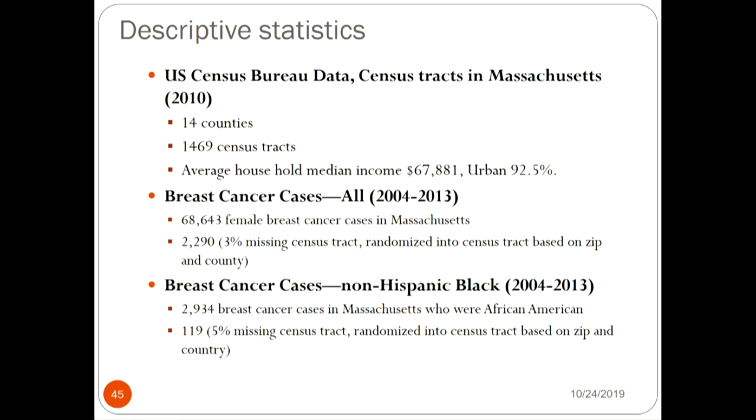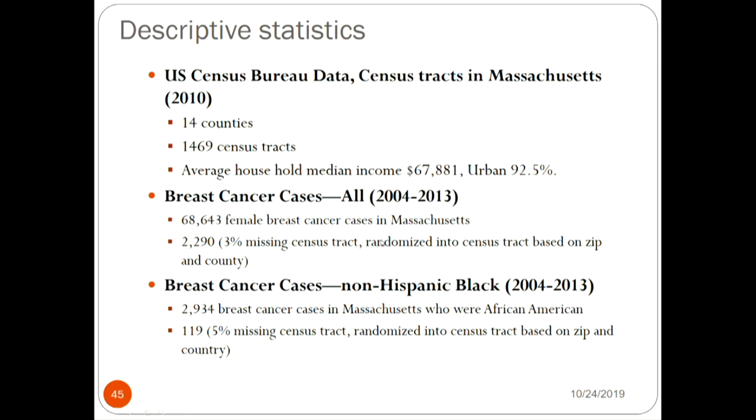So here are the descriptive statistics. Okay, for the cancer data over the 10 years, there were 68,643 breast cancer cases, but unfortunately there are many missing census tracts, because these are real data, and some of the records did not have the census tract.